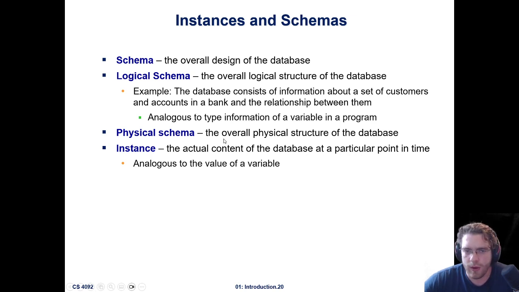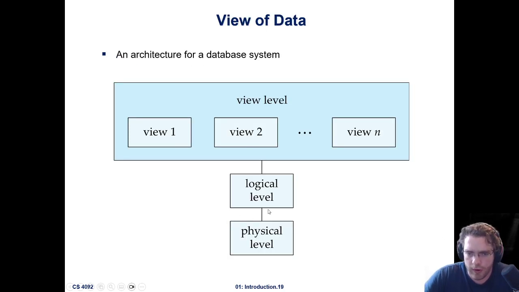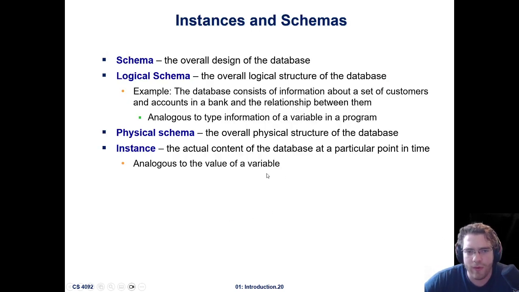We have a physical schema, which is the overall physical structure of the database, which is what we saw earlier at the physical level. And then we have an instance, the actual content of the database at a particular point in time. So again, if you're running an application for 5 days, the instance of the schema is going to be how many users you have and how much information is stored in there.